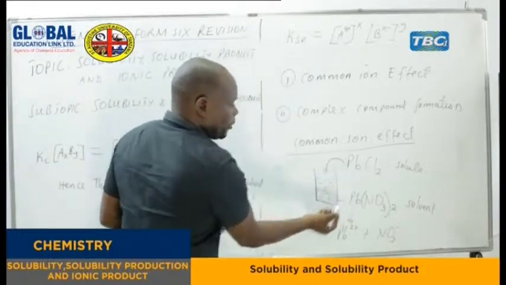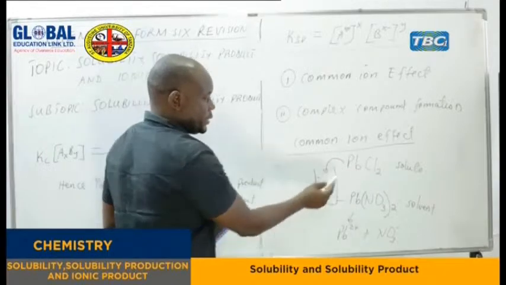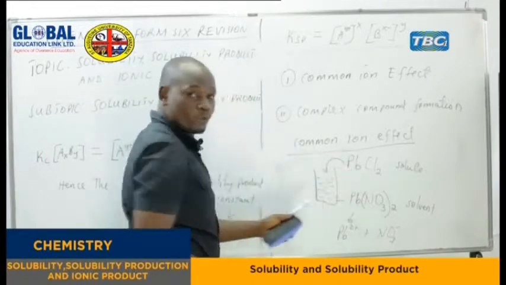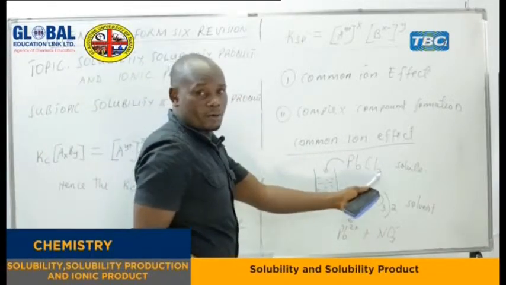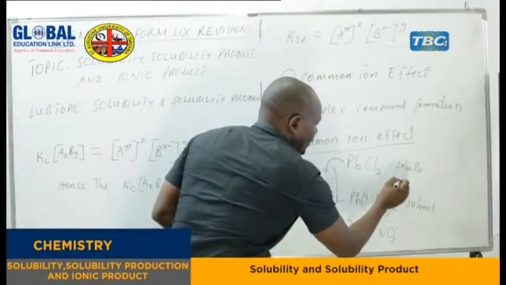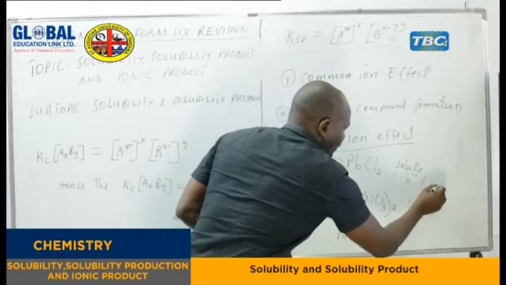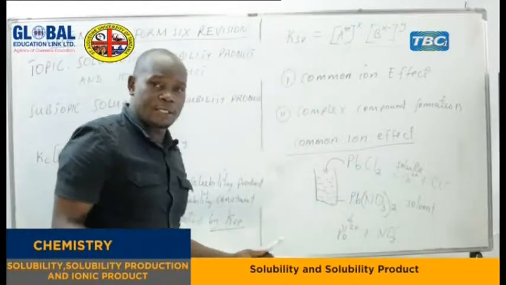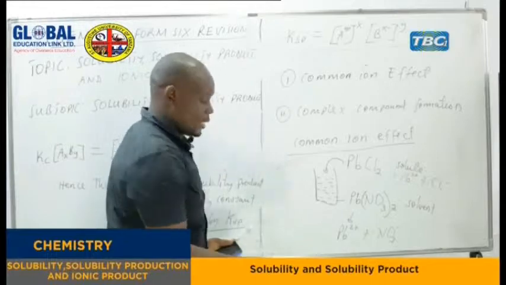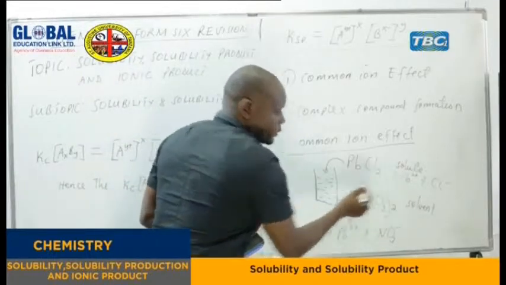So what our solute is being added into it contains the ions lead and chloride. So here this one contains lead and the chloride. Do you see now what is common here? The ion which is common is lead.